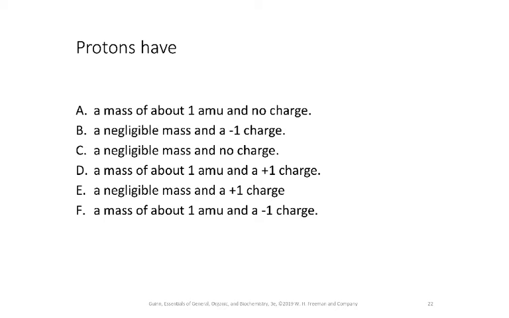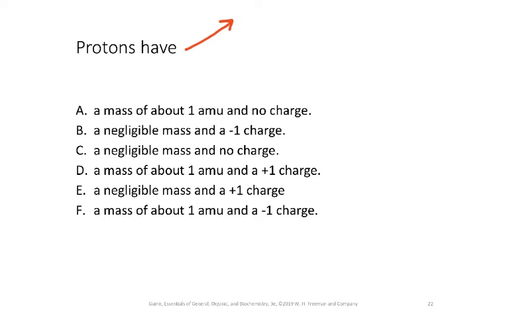And welcome back. Okay, so maybe we can read all of these really carefully, or we can think first before we read and see that basically these two things in each answer are about mass and charge.